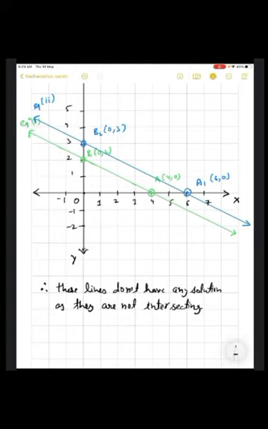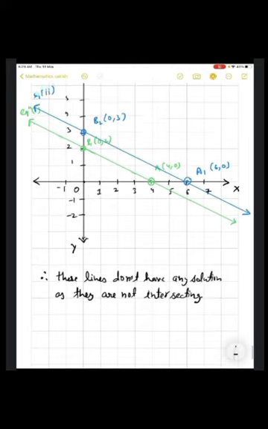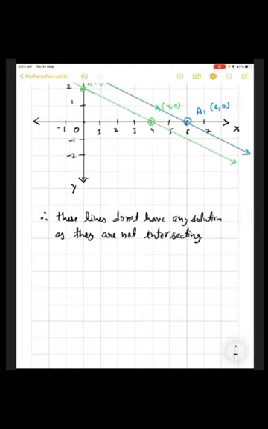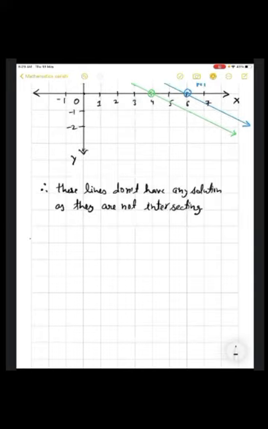No common point, no solution. So now what is the thing here to observe? We'll observe ratios of coefficients. Comparing the ratios, ठीक है?